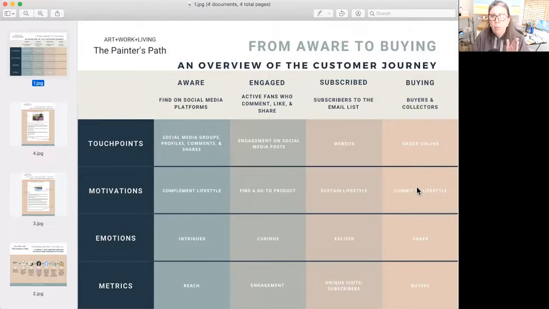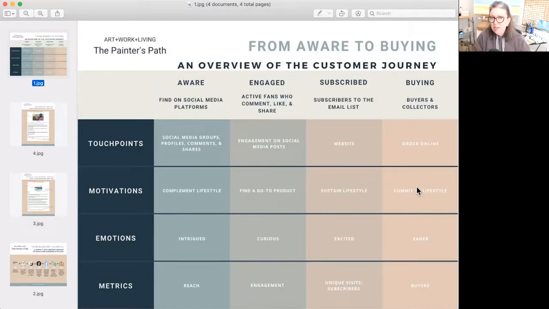Once people are aware of who you are, then you can take them to the next level. You want to bring them to your own business page and business profile. You want to engage them. These are active fans who comment, like, and share your content with their friends.